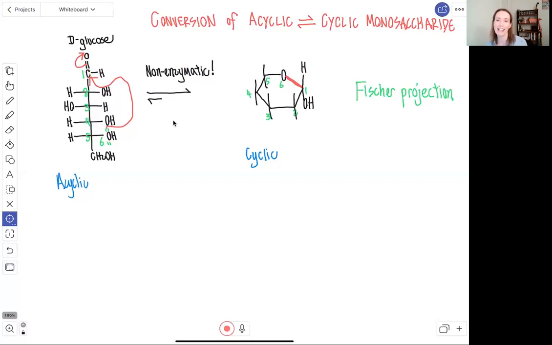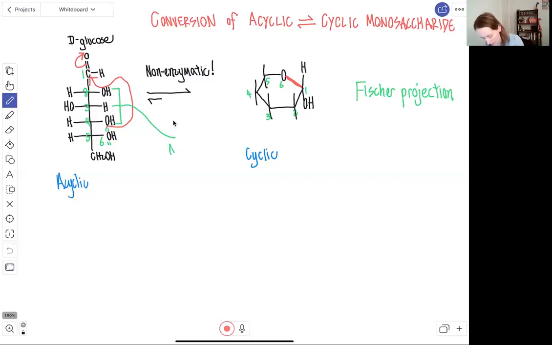On the other hand, as we go around the ring, when we get to positions 2, 3, 4, and 5, the configuration is essential. It is essential to show this in a specific way. So specifically, when we draw these around that ring, atoms that appear on the right in our initial acyclic form are going to be downward oriented in the ring.